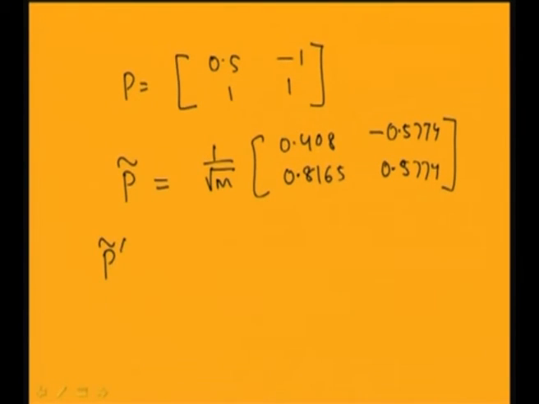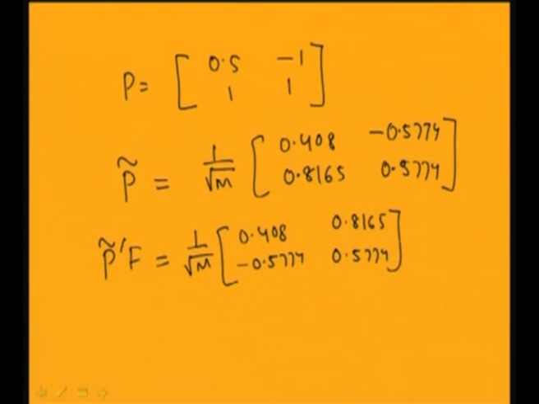Now to find the response of the system I should pre-multiply F with the transpose of this P weighted modal matrix. So this becomes 1 by root m times [0.408 -0.5774; 0.8165 0.5774] into F, where F equal to [0; F sin omega t].